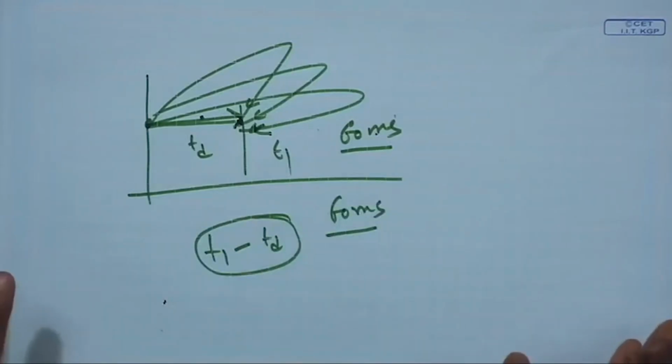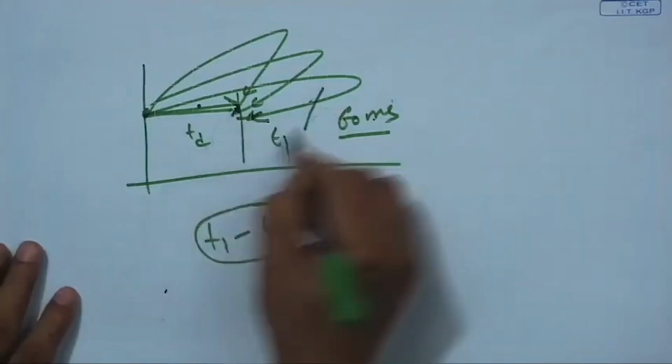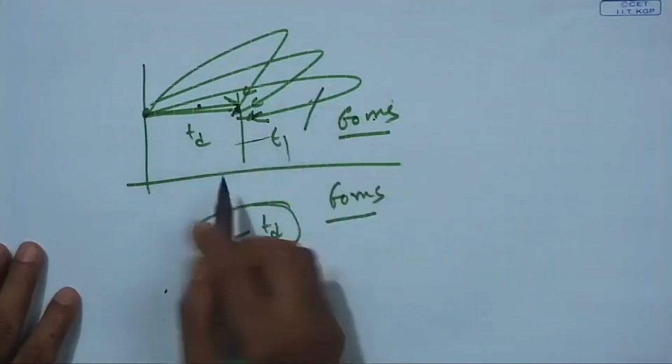But suppose there is such a reflector that the fifth reflection or fourth reflection comes intense compared to the first reflection, then I feel a little bit uncomfortable. Sometimes sound is bouncing and going down, bouncing and going down. I do not want that.